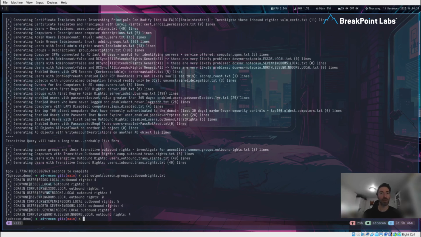excessive outbound rights here. We can look at that in some of the other domains as well. So let's go ahead and grab the domain users from one of the other domains and see what permissions they have.